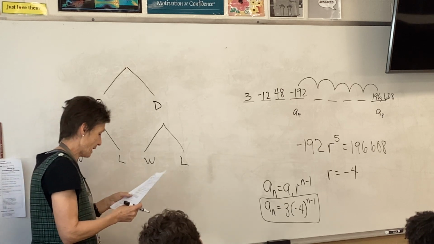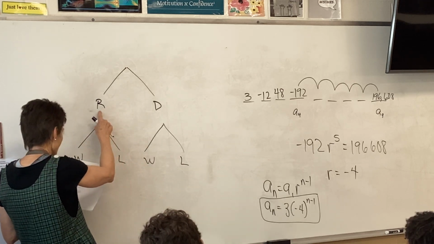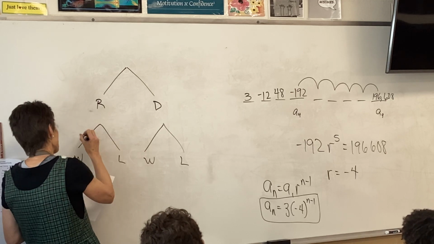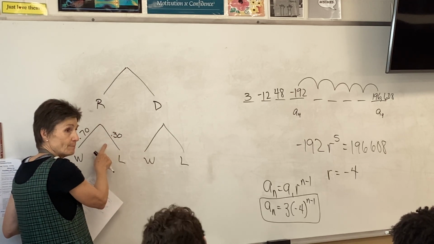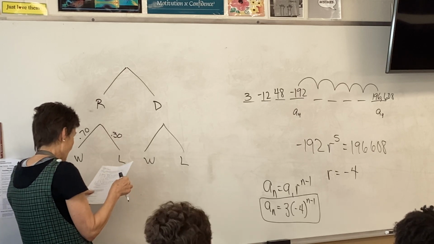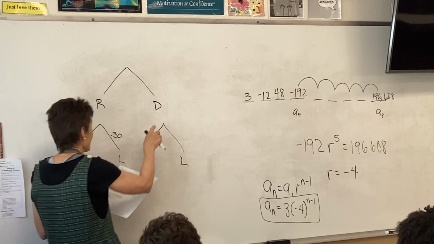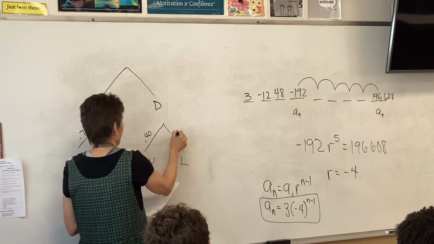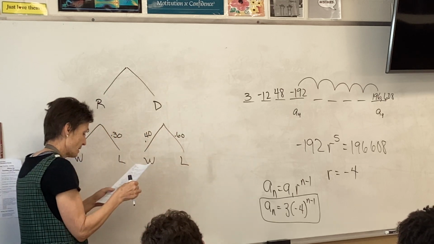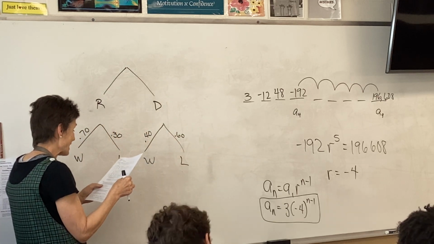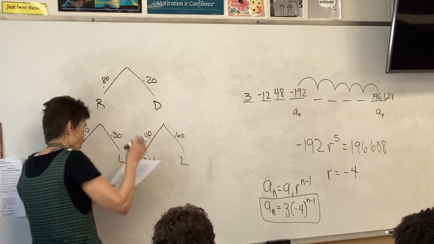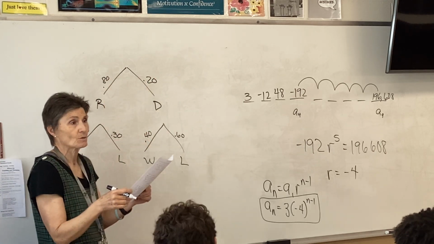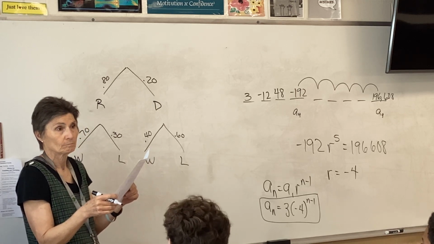Okay, so what do we got? If the track is wet, so in other words it rained, she has a 70% chance of winning and a 30% chance of losing, right? If the track is dry, she has a 40% and a 60%. Weather forecasts predict an 80% chance of rain. So do all of those numbers look right to you?